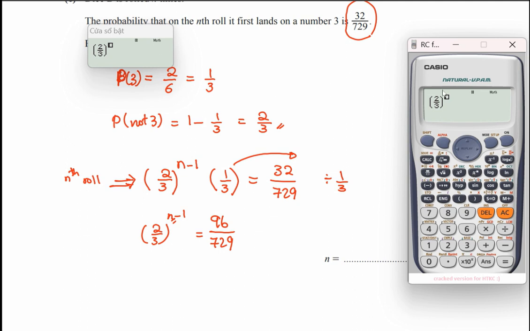So don't forget to write power, then alpha, this to be x minus 1, then equal. Not pressing equal, but writing equal, which is alpha and this button. Equal 96 over 729. Make sure that you wrote it correctly, then press shift, calc, 0, equal. It will give you the answer directly: n equals 6.